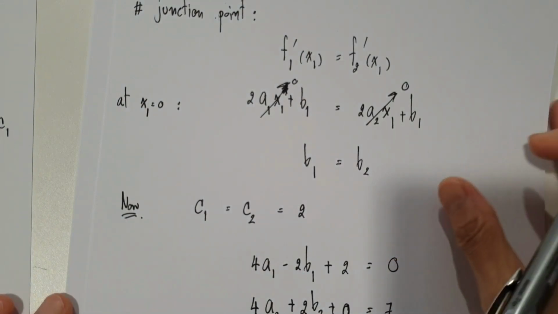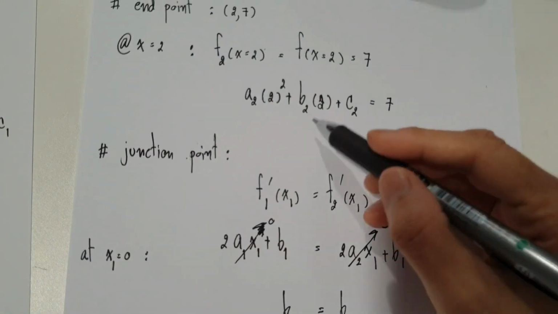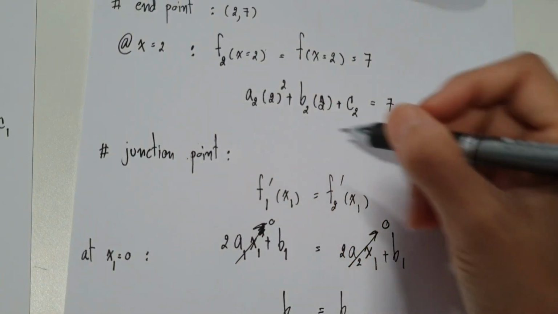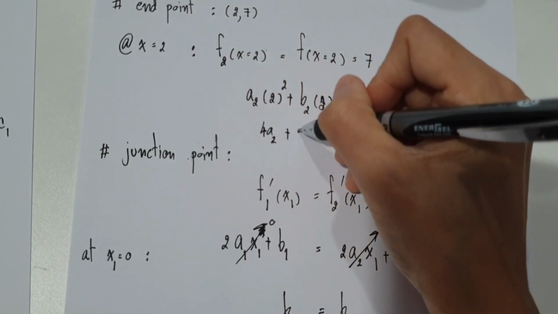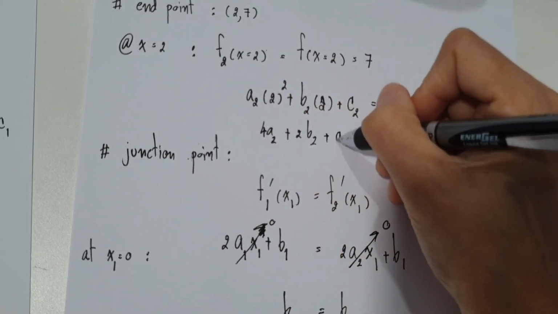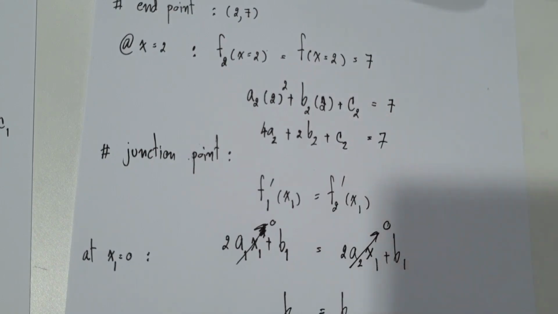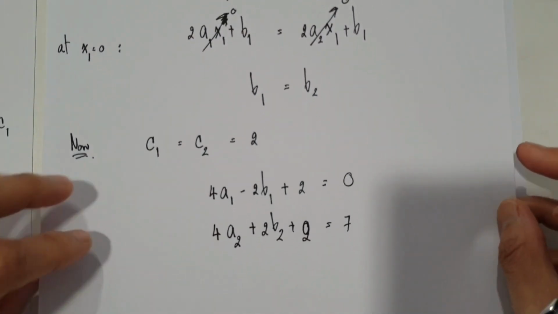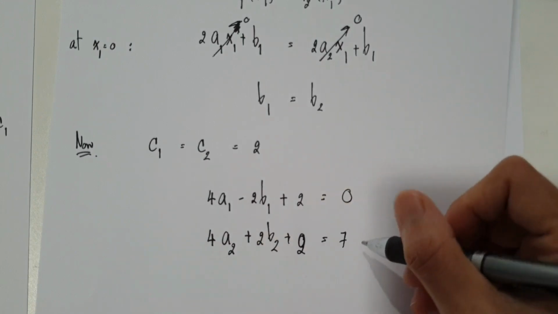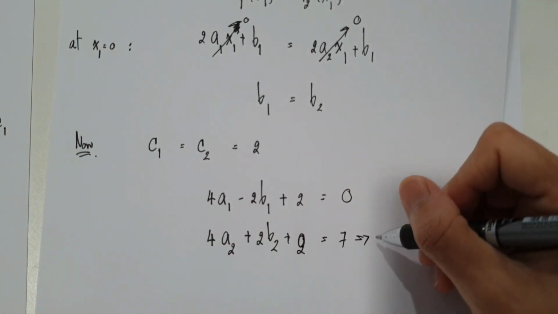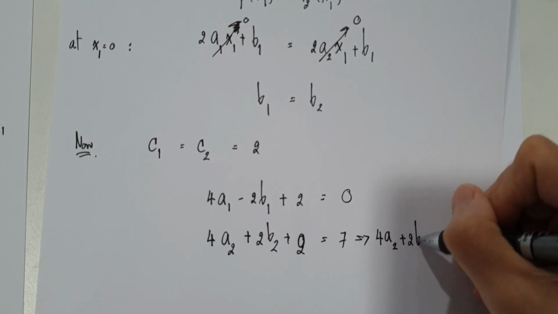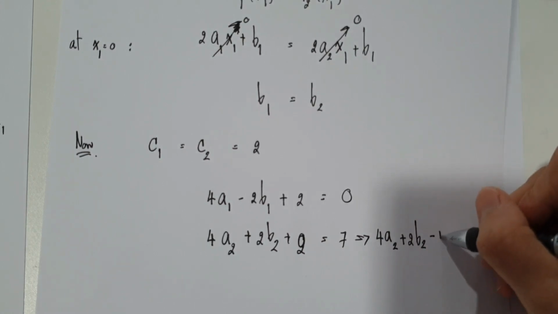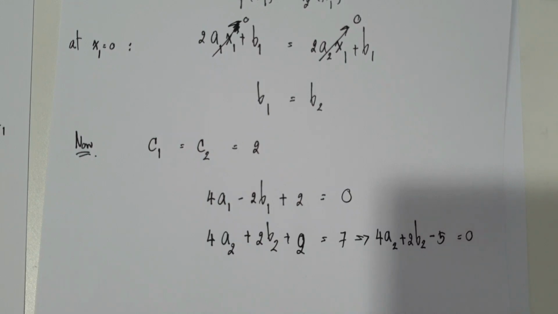This equation is actually from here: 4a2 plus 2b2 plus c2 equal to 7. Or we can rearrange it as 4a2 plus 2b2 minus 5 equal to 0.